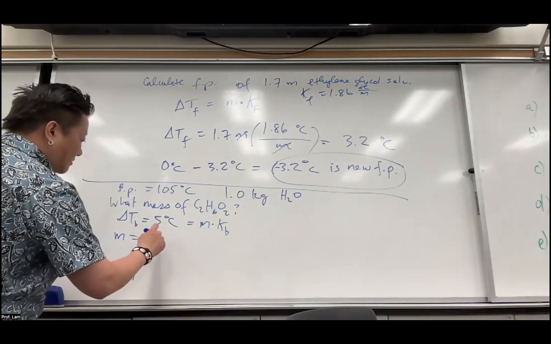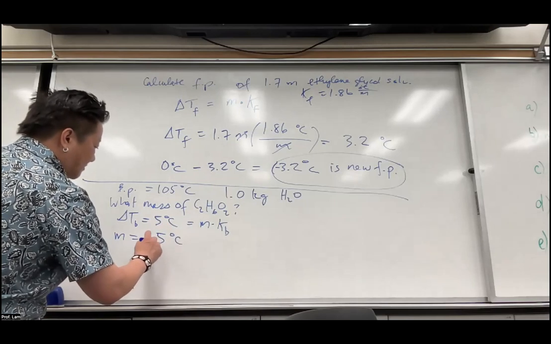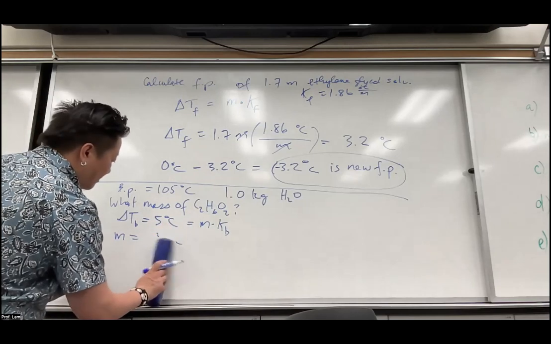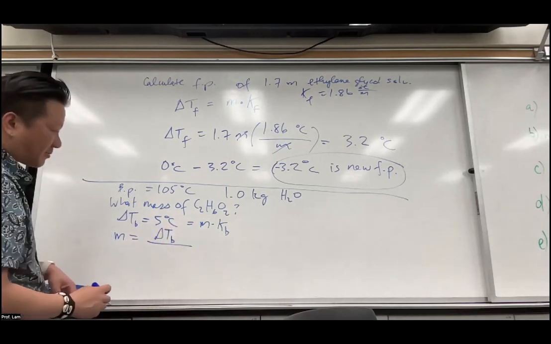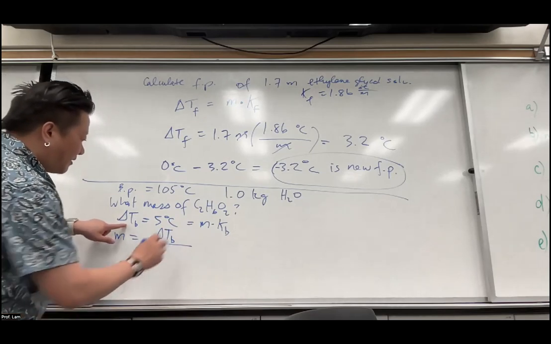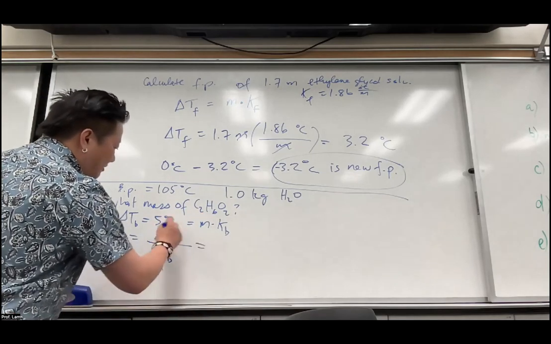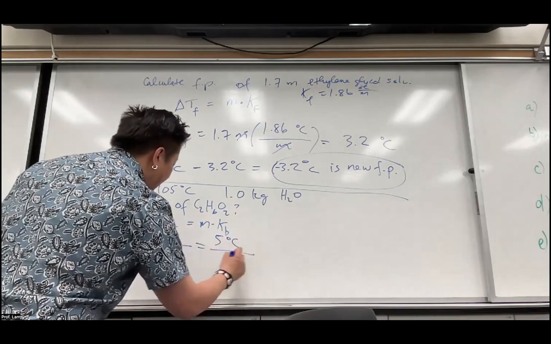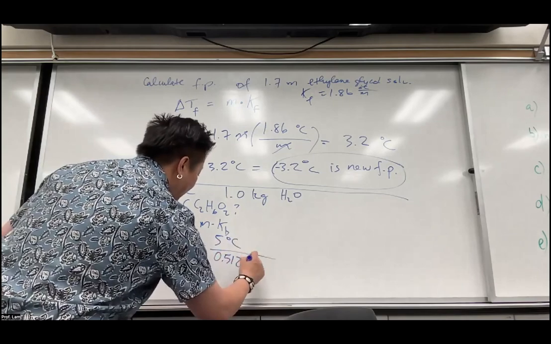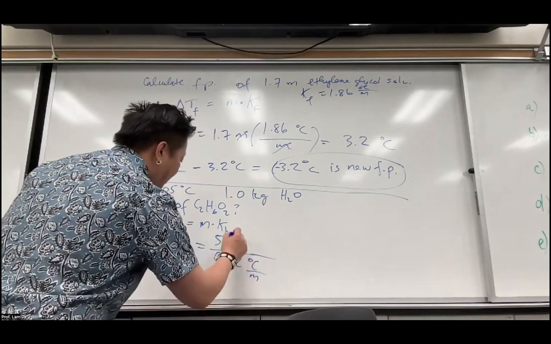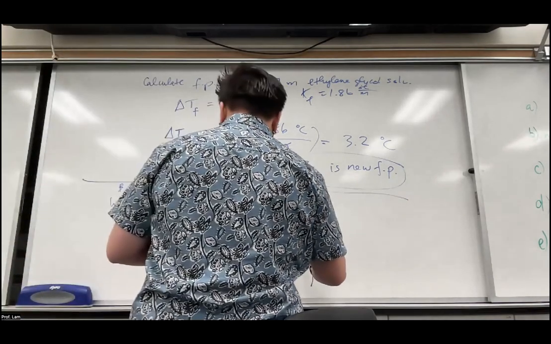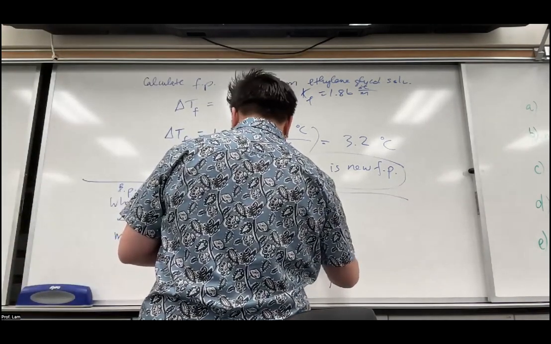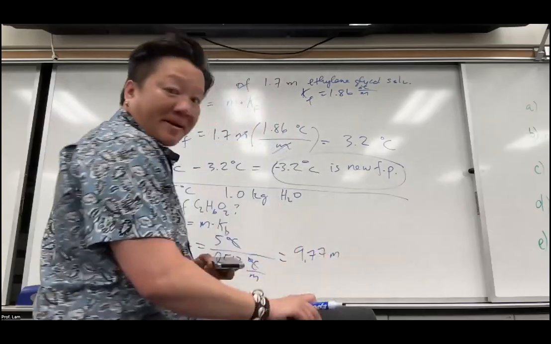Little m is equal to delta TB over KB, where delta TB is 5 degrees Celsius, divided by 0.512 Celsius over molal. So Celsius cancels. 5 divided by 0.512 is 9.77 molal.